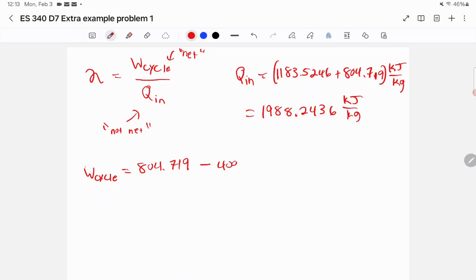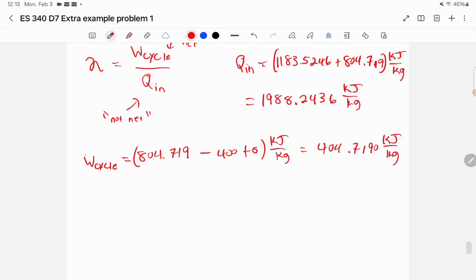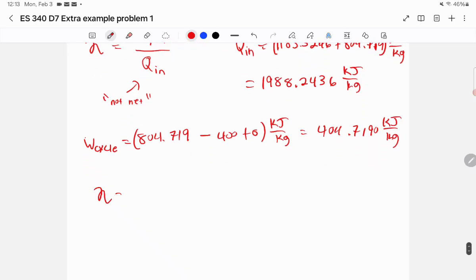Minus 400 plus 0, kilojoules per kilogram, which is equal to 404.7190 kilojoules per kilogram.